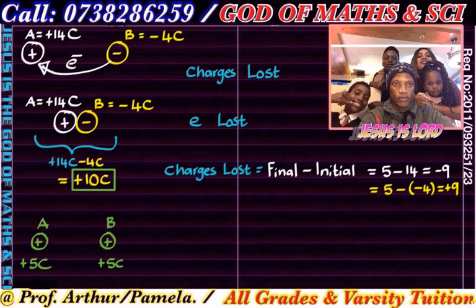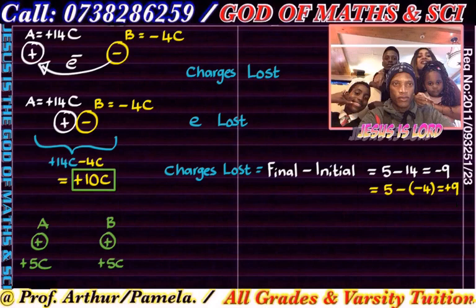All right. So because I used 5 as coulomb and 4 as coulomb, this is the answer for the charges in coulomb. If they were to ask you for A, the white one, you give them negative 9 coulomb. If they ask you for B, you give them positive 9 coulomb. This is the gain and the loss.